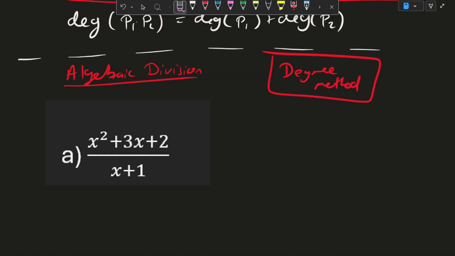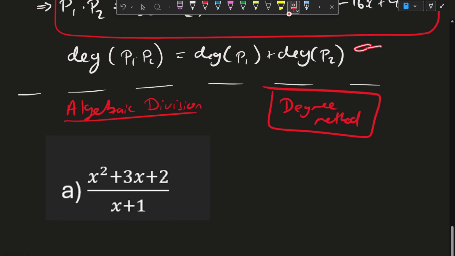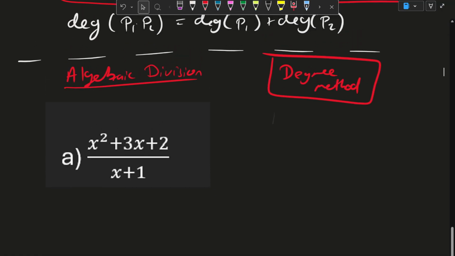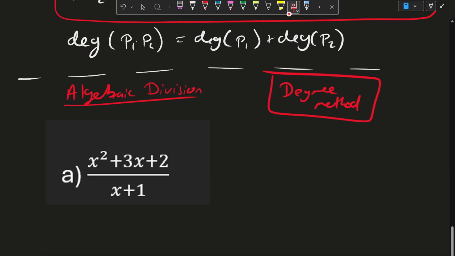So how I teach it is by doing a thing known as the degree method, and we're actually going to exploit this. So how I go about this is kind of rearranging this a little bit.